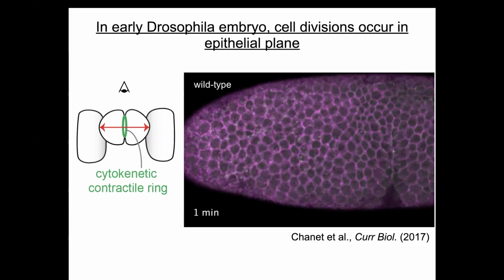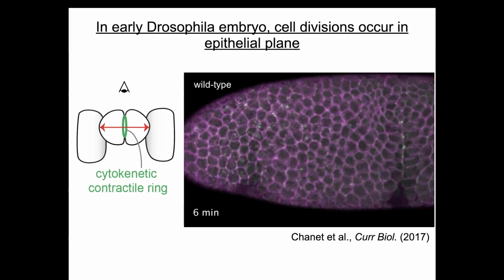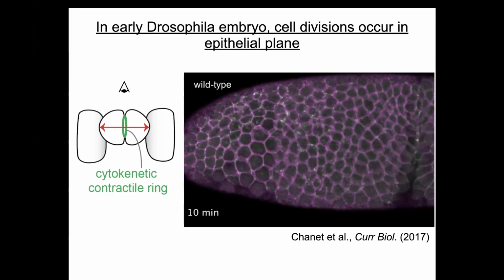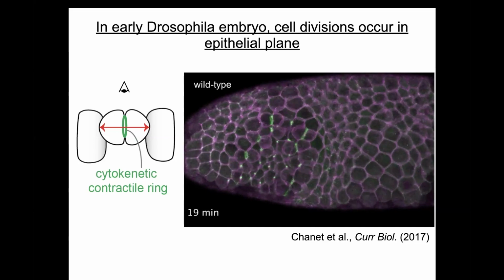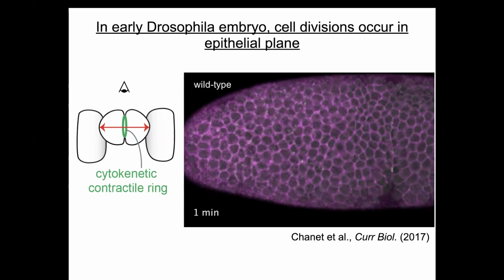There's the mitotic domain 1. You see them round up, and then you see the cytokinetic rings divide the cell. And you see, because you're not seeing a nice ring that's isotropic, it's because the rings are oriented perpendicular to you. So you're seeing a band. And I'll play that once again, just so you can see it. So that's showing you that the divisions are happening in the plane of the epithelium.